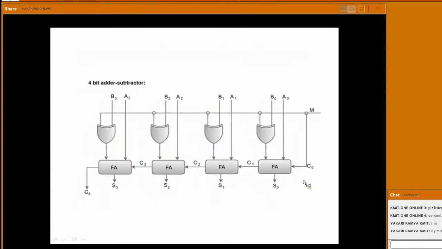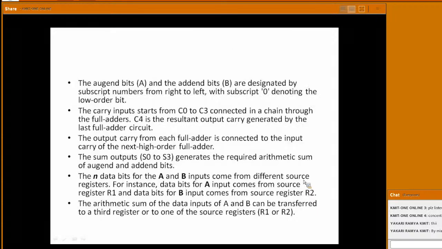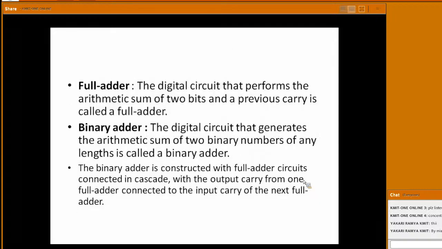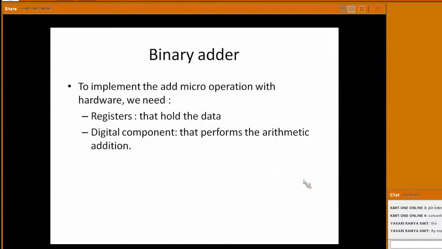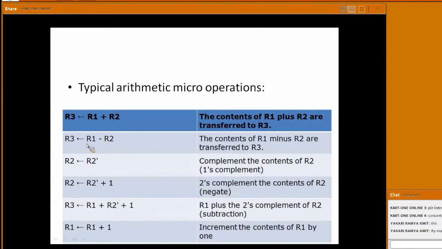When you see subtraction, you can implement the subtraction by using the addition. How? The direct subtraction R1 minus R2 is equivalent to R1 plus R2 bar plus 1.